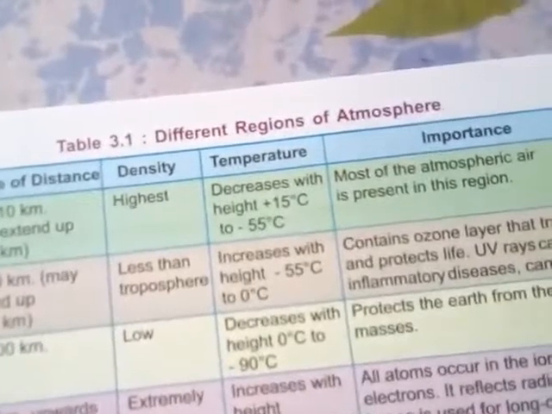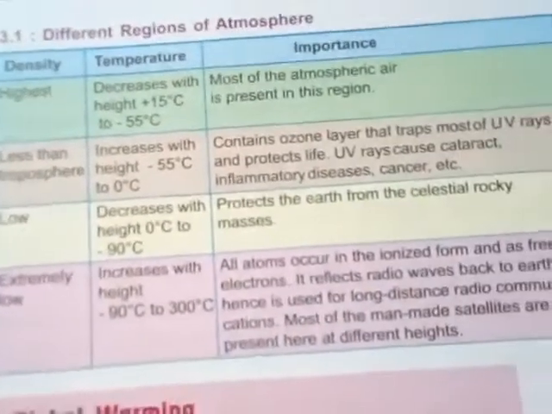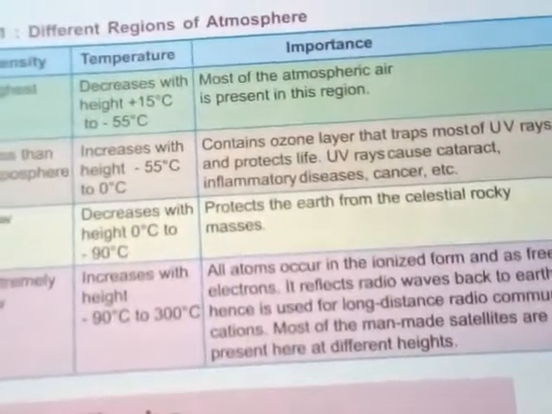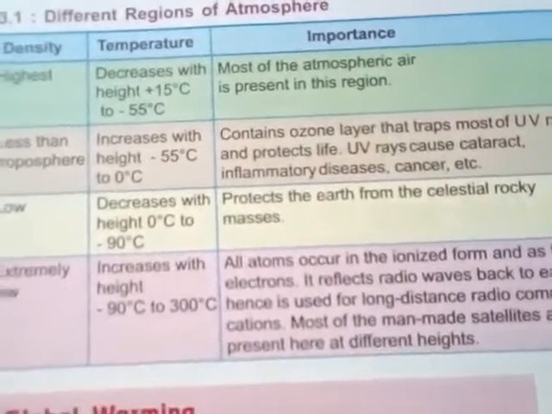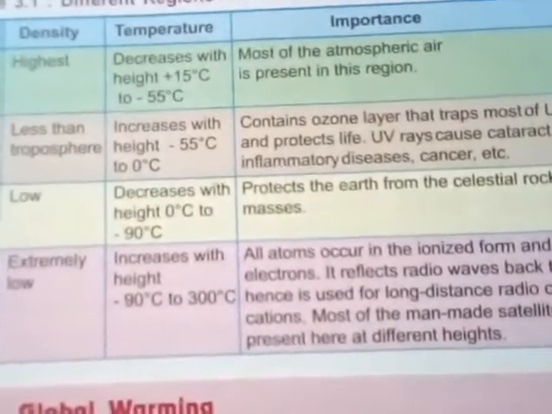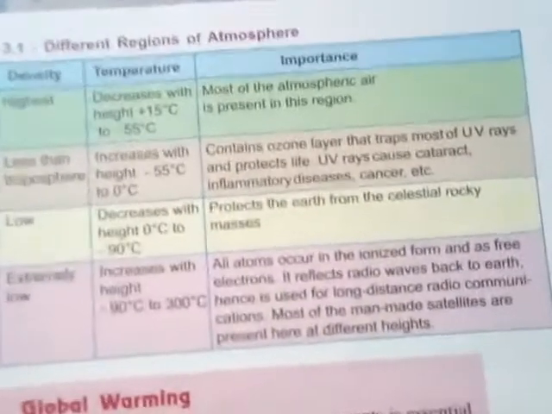celestial rocky masses. Celestial rocky masses means some particles that are coming in, very small things, rocky things. In Bengali, celestial rocky matter is called grohanu.